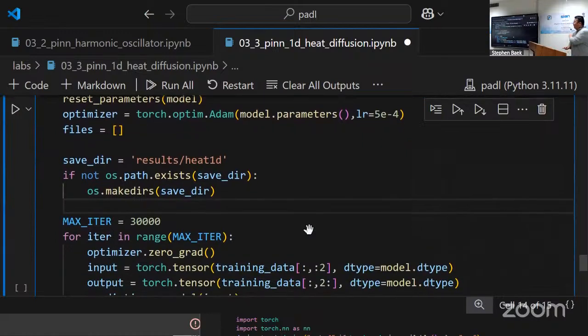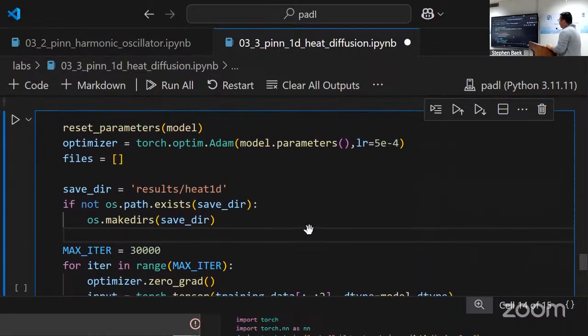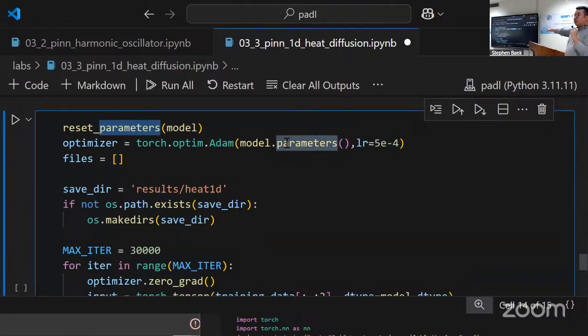Now for the training, we're using the same procedure. We have the Adam optimizer, and then we're optimizing the model parameters. So we're not solving the data-driven discovery problem. This time we're optimizing the model parameters only.